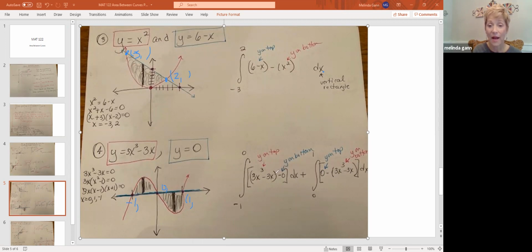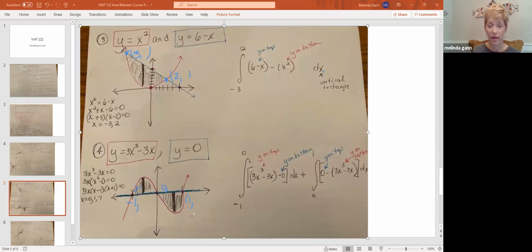Okay, so I have to do these 2 integrations and get those answers and add those answers up. Now, what I want you to try on your own is if you just integrated from -1 to 1, your answer would end up being 0, which you know is not right. That shaded area is not 0.